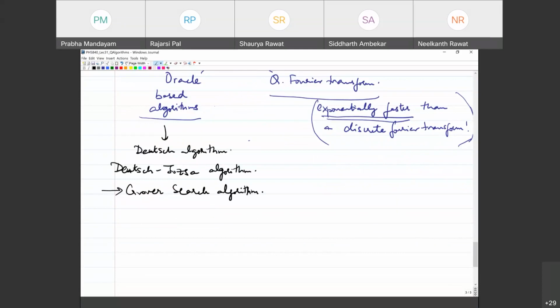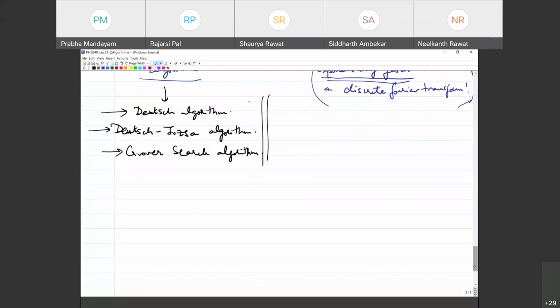So it's useful, therefore, to start with Deutsch, look at Deutsch-Jozsa, which is just an extension for an n-qubit system instead of a single qubit system, and then study the Grover search. So this is what we'll be doing for the next few weeks. Now, interestingly, in the case of Deutsch and Deutsch-Jozsa, once again, you have an exponential speed up. In the case of Grover's search, you have a quadratic speed up.